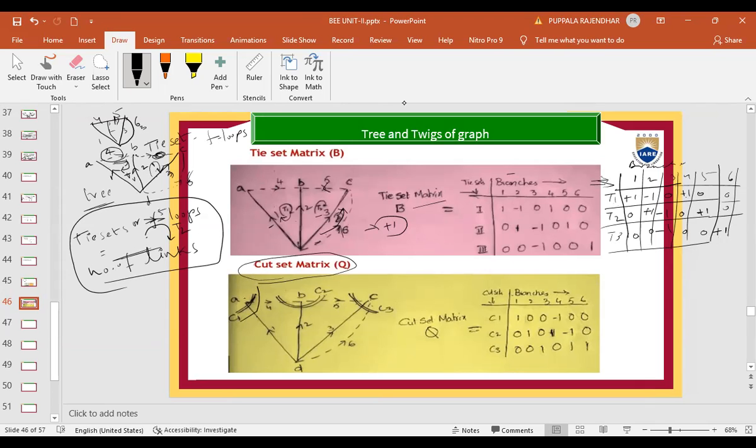And at node B, how many twigs are we having here? Twigs are branches.